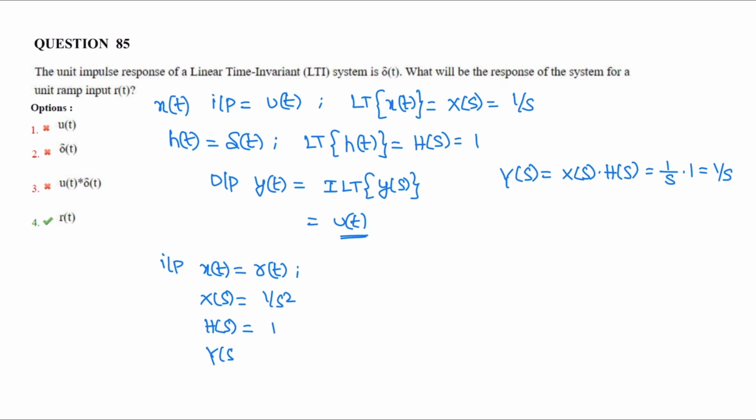Now y of s is 1 by s square into 1, that is 1 by s square. Now output y of t is inverse Laplace transform of output y of s, ramp signal only, r of t. So for LTI system with impulse response delta of t, the response of a system for ramp input is r of t.